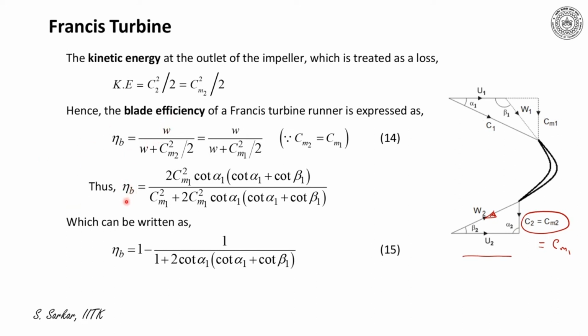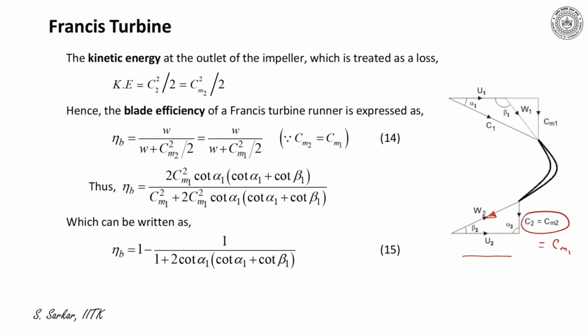Thus, blade efficiency can be expressed as twice Cm1 square cot alpha 1 into (cot alpha 1 plus cot beta 1) divided by Cm1 square plus twice Cm1 square into cot alpha 1 into (cot alpha 1 plus cot beta 1), which can be written as eta b is equal to 1 minus 1 whole divided by 1 plus 2 cot alpha 1 into (cot alpha 1 plus cot beta 1). This is equation number 15.